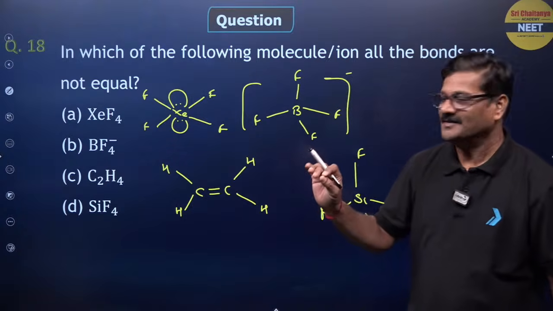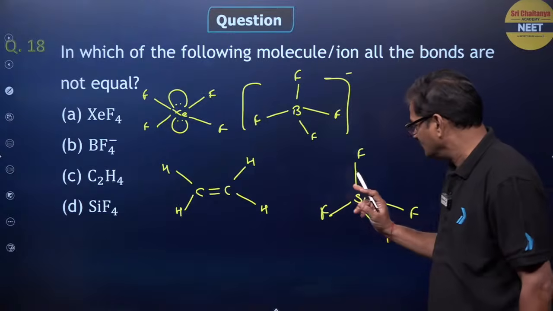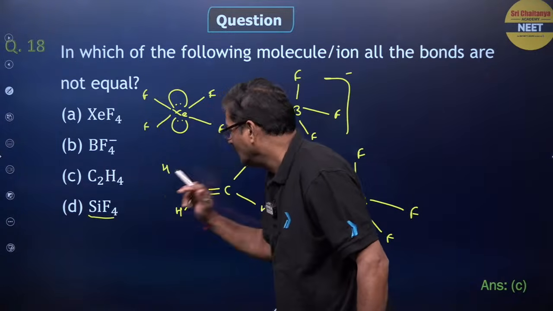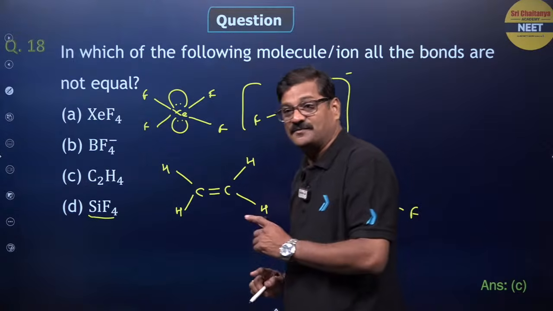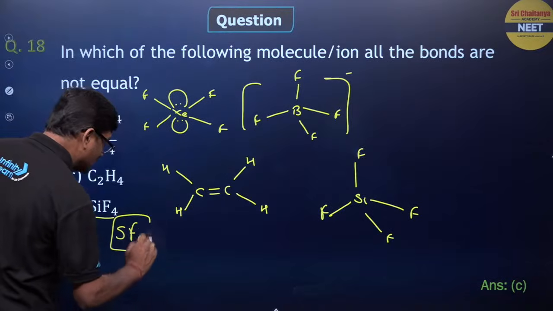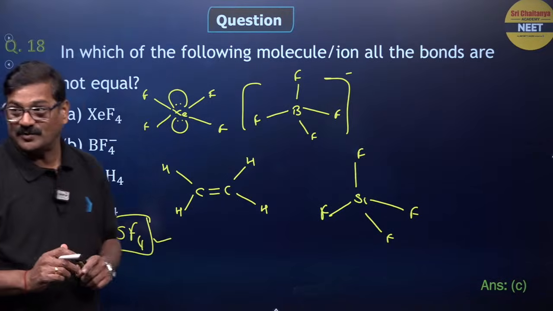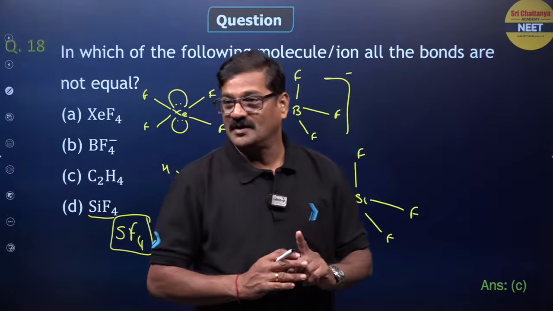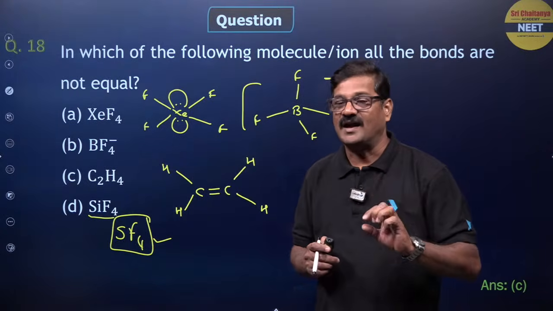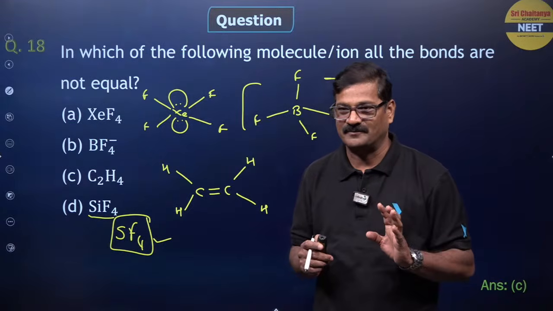So you can see this is SiF4, this is actually a trap. If this SiF4 appears as SF4, it may be the answer. SF4 is different, but in SiF4 it is the same. So when you prepare, your mind is tuned to some examples, and those examples are so dangerous.